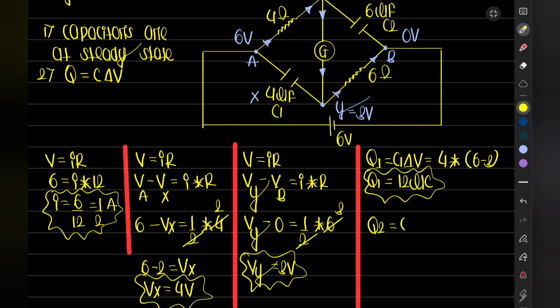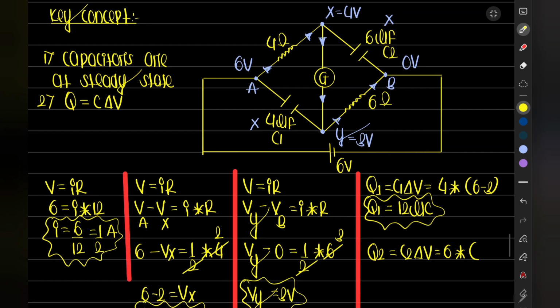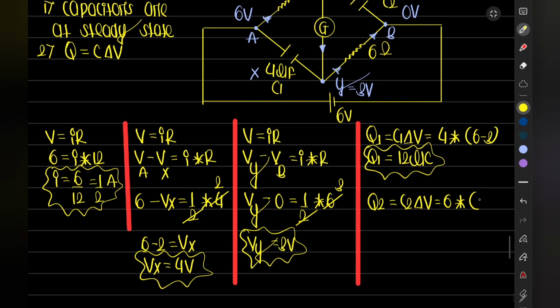So we got the value of Q1. Similarly, I will find the value of Q2, which is C2 into delta V. The value of C2 is 6. The potential difference is between X and B, which is 4 minus 0. So Q2 is 6 into 4, which is 24 microcoulomb.